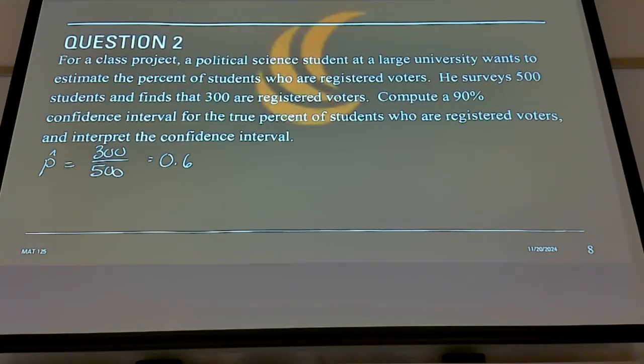0.636. That's not right. Oh, it's just 0.6. Yeah, sorry, 3 over 5, which is 0.6. Sorry, I was looking at the C upper. Write this out. What is our alpha?